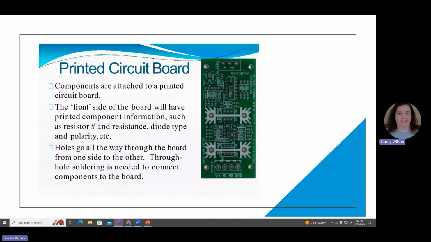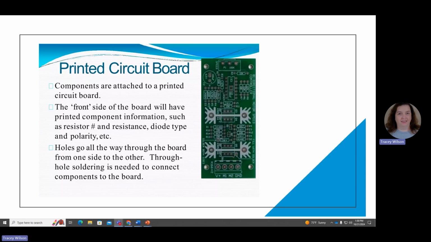So they're printed and they're labeled and everything on the front of the board. Resistor number, resistance, value, type, polarity, etc. is sometimes included here. There are directions here, there are pin numbers here, there are voltages.